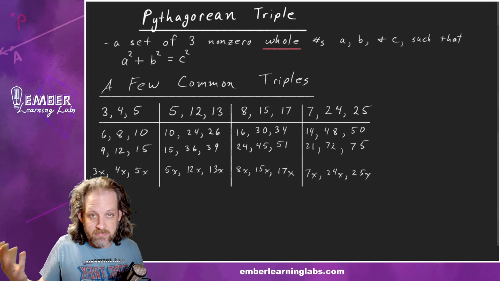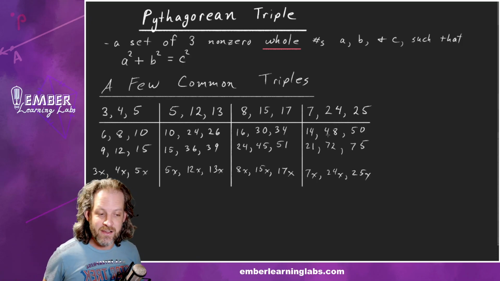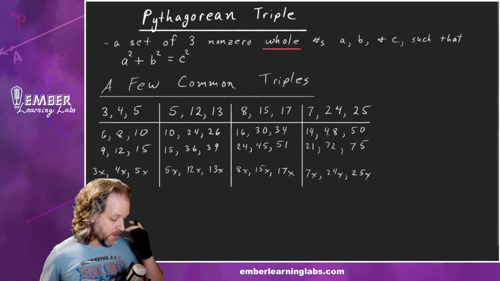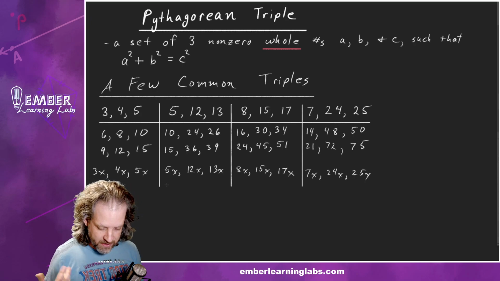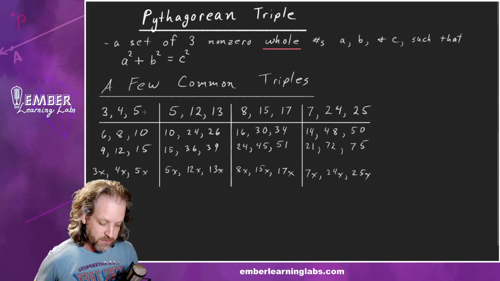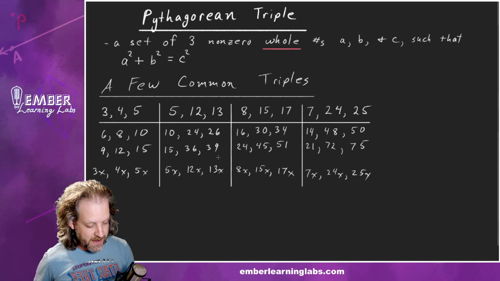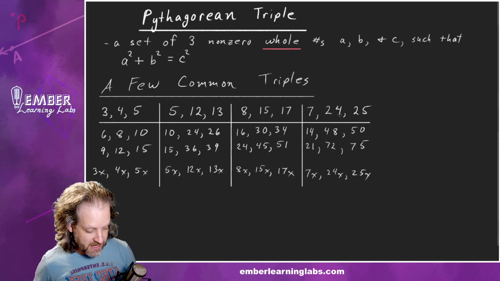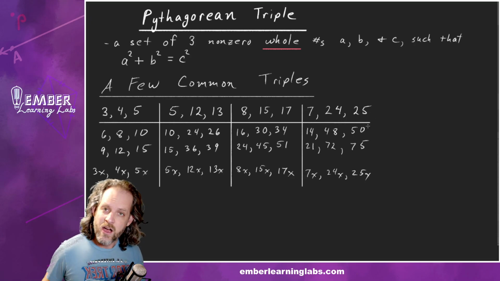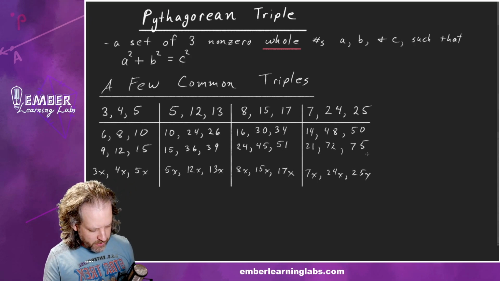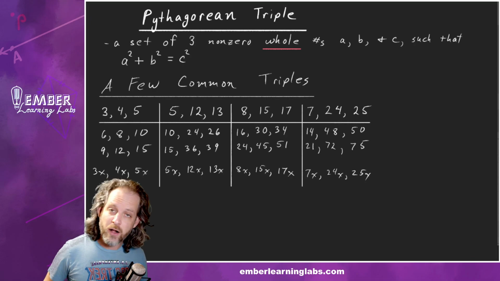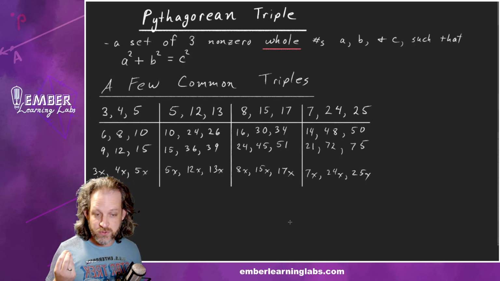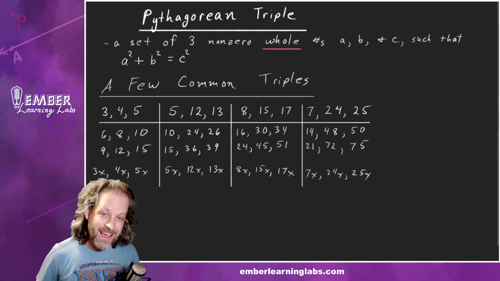There are literally infinitely many of these. There are lots of Pythagorean triples. There are three that are pretty common that we have here on this page: the 3, 4, 5 Pythagorean triple, 5, 12, 13, 8, 15, 17, and then 7, 24, 25 are some really common ones. Now, you notice underneath that all of the multiples of the most reduced one would also be Pythagorean triples.